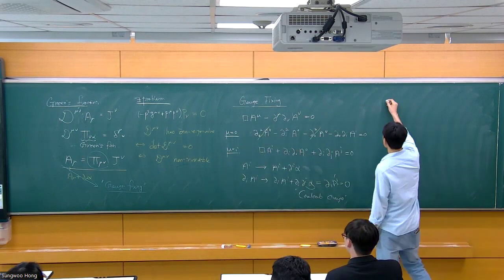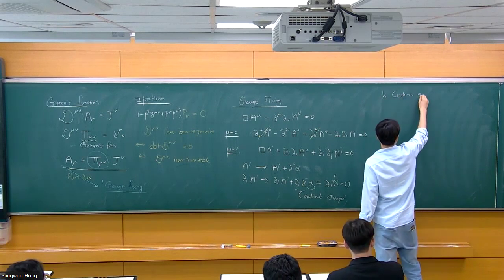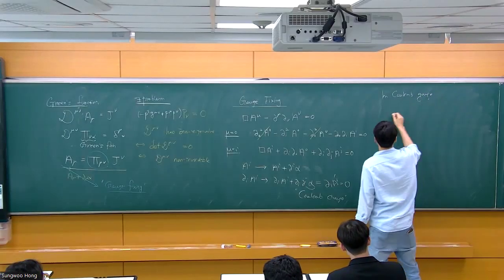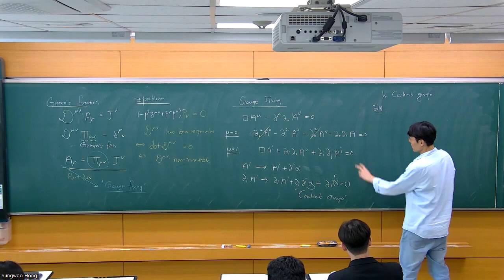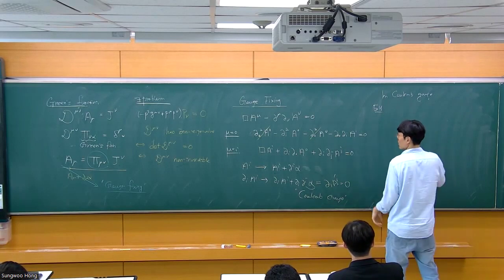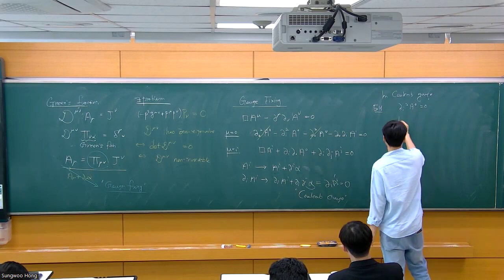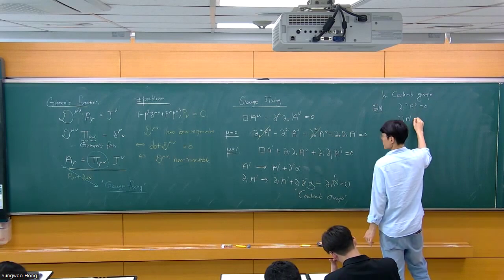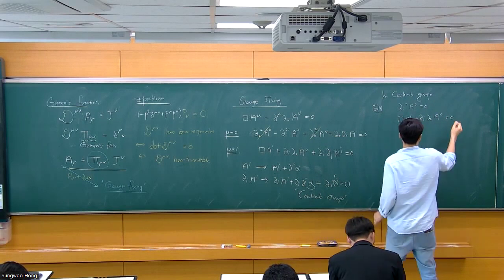So then in Coulomb gauge, the equation of motion simplifies significantly. Let's see, because this is 0, that is 0. So basically, we have this for the zeroth component, and then this for the spatial component.